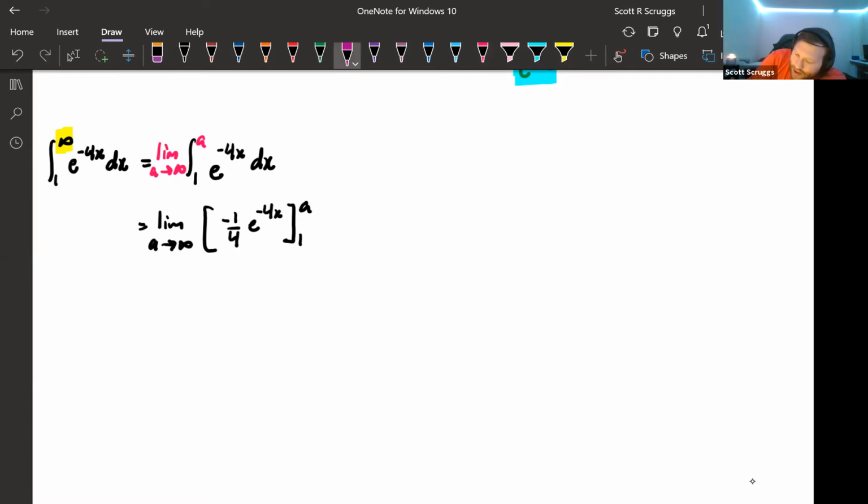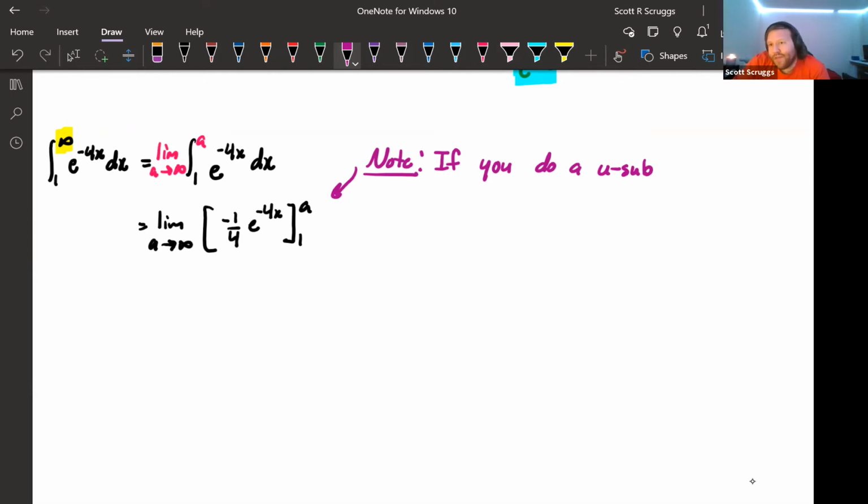One thing I want to point out for improper integrals, because this is a common mistake I've seen, is if you do a u sub while you do an improper integral. Even though you have a dummy variable a, that is still a definite integral.